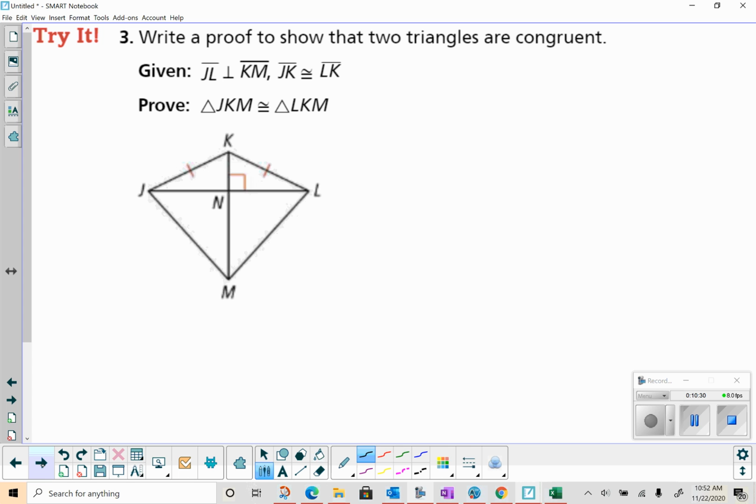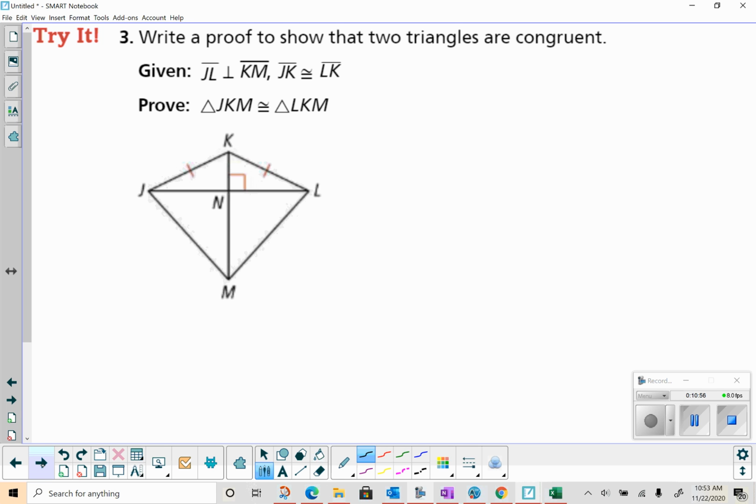All right, as promised, we're going to take a look at a proof. Okay, now we take a moment here to look at the figure. It's kind of complicated. Write a proof to show that triangle JKM is congruent to triangle LKM.